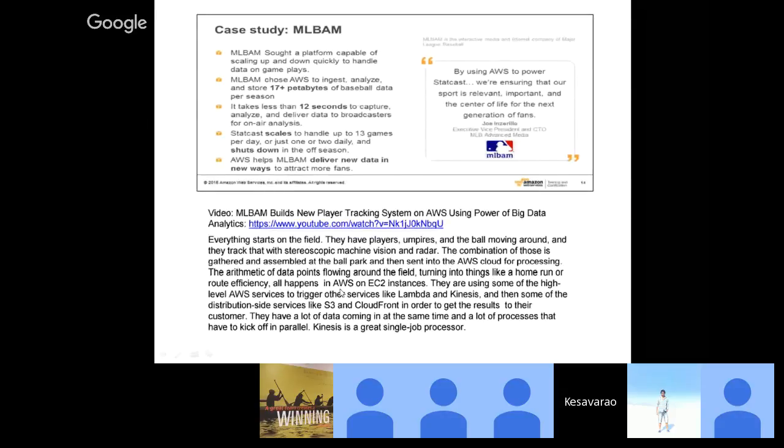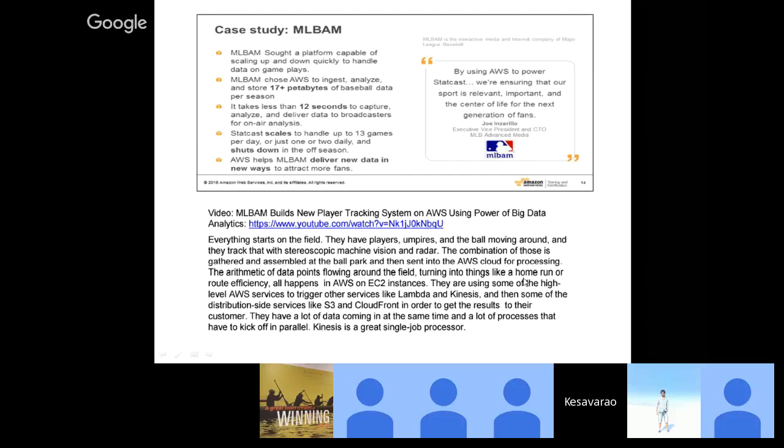You see a lot of analysis happening live when the game is happening. How does that happen in real-time analytics? By capturing all these data points around the field, which is very lively and very interactive analytics. You will see it right there when the game is happening.